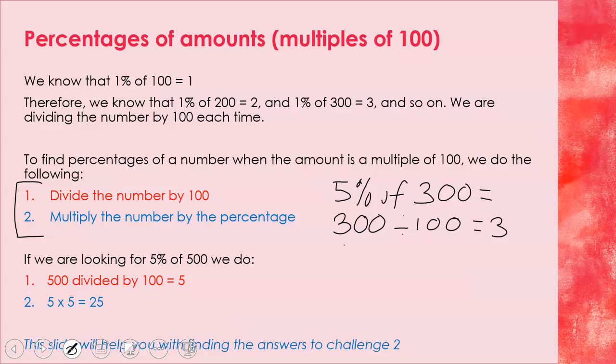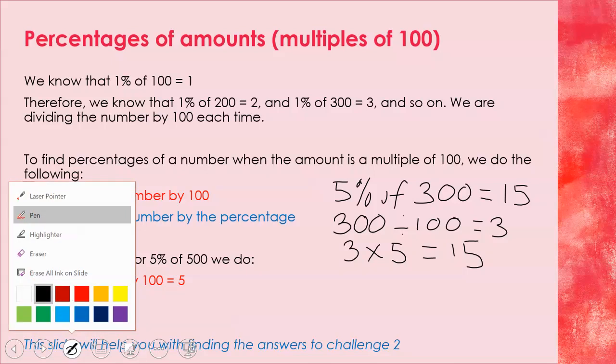Then I take that answer and multiply by the percentage. Look, step 2. 3 multiplied by 5, my percentage from the question, is 15. Therefore, 5% of 300 is equal to 15.